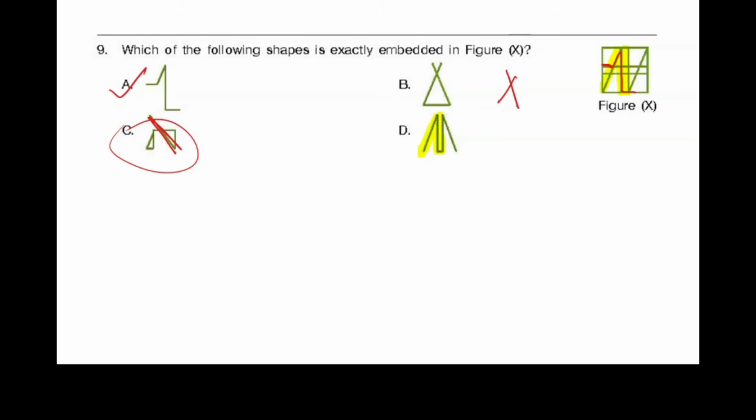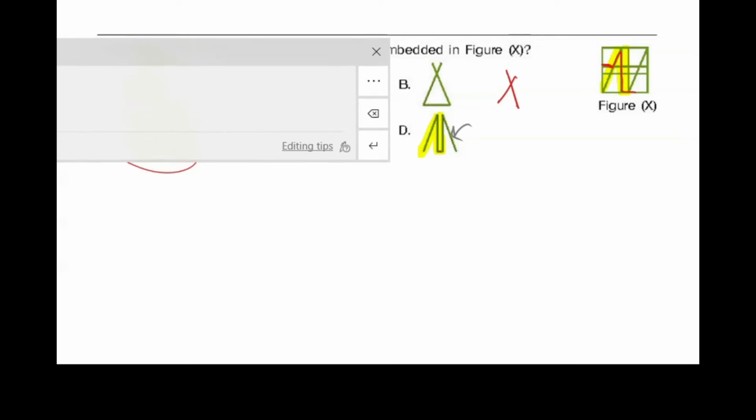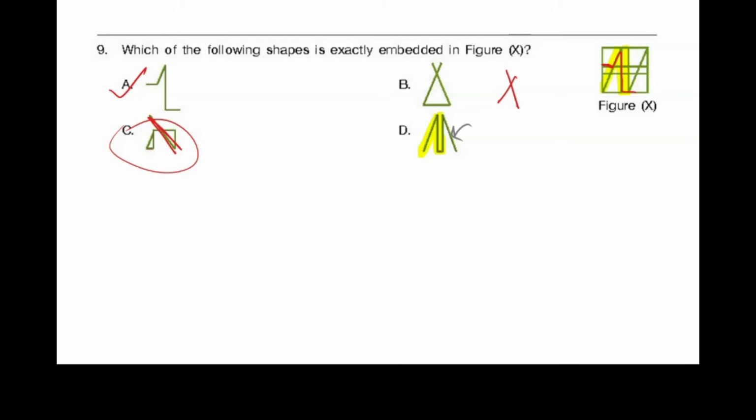This portion seems matching, but the left line, that means this one, is not present here. For this type of arrangement, we need to draw a line like this here. Then only this will be matching. But it's absent. So that means our correct option is option A.